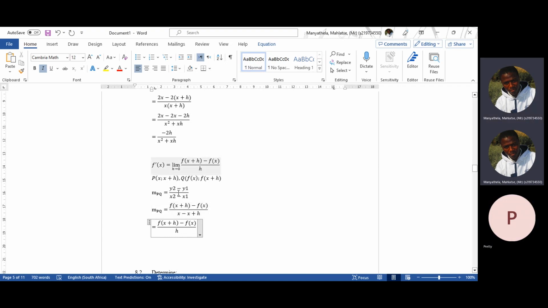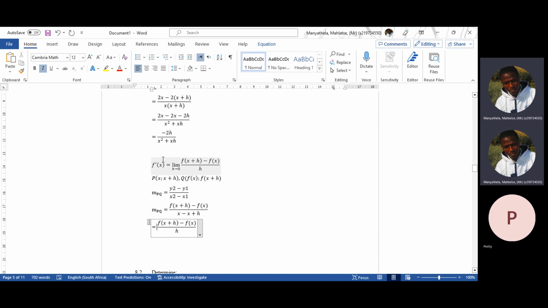So this is where the formula comes from. You are calculating the gradient, or the average gradient, at 2 given points, x and x plus h, f of x and f of x plus h.